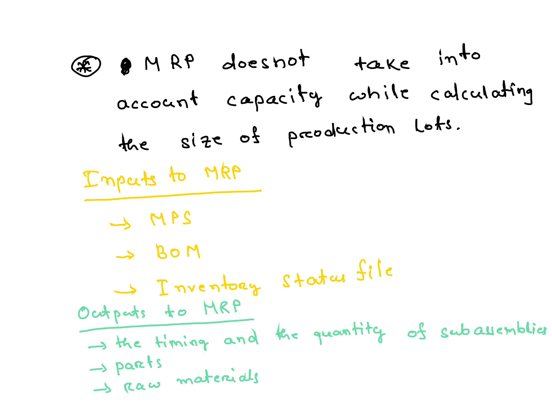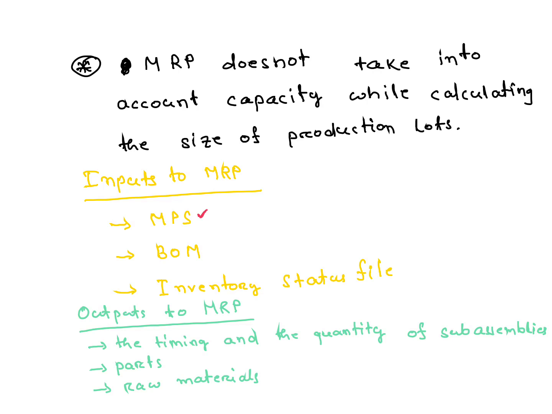Inputs to MPS I gave in my last video, you can check it. Then outputs of MRP. The outputs are the timing and quantity of sub-assemblies, parts and raw materials.